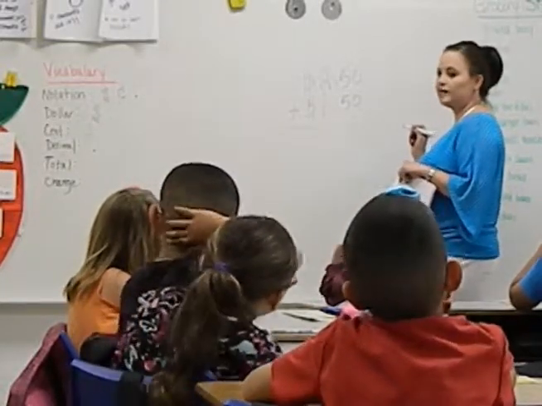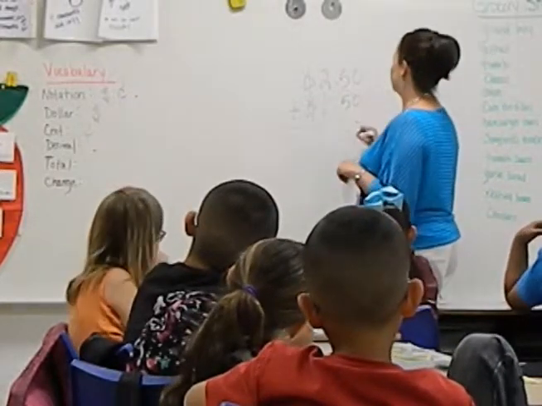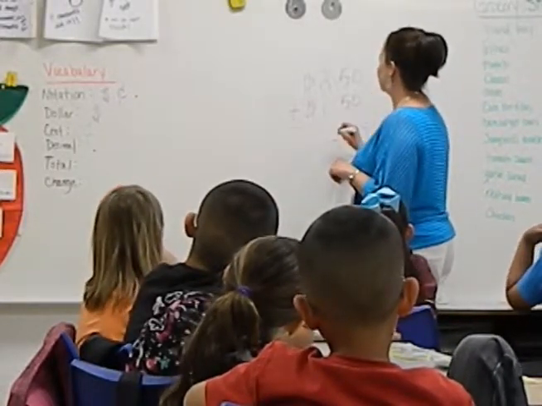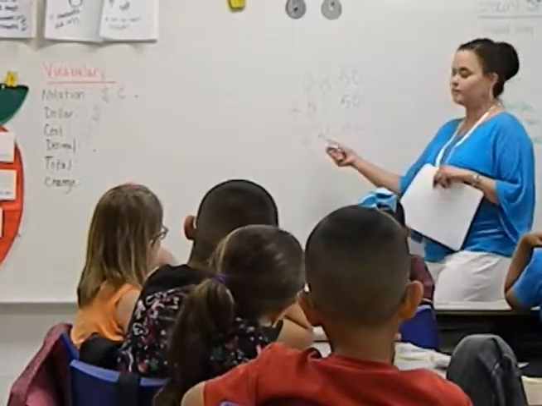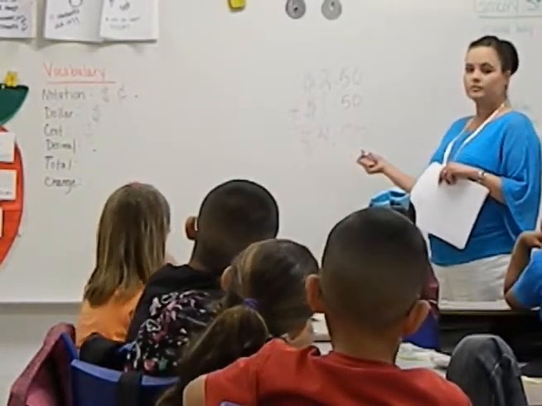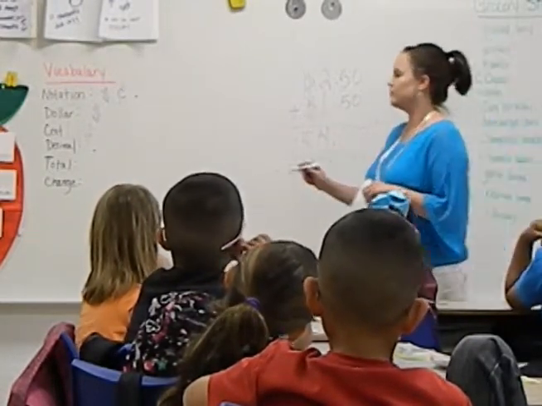Are we going to start on the left side or the right side? Right. The right side, correct. So you would have $4. So what would be your total? If you have a total amount of money, $4. $4, okay.